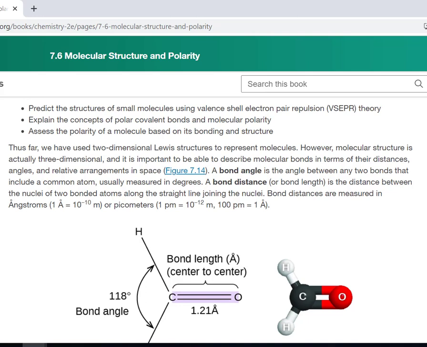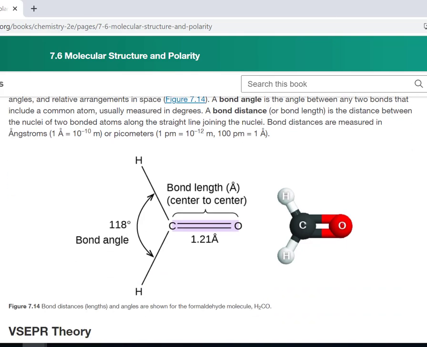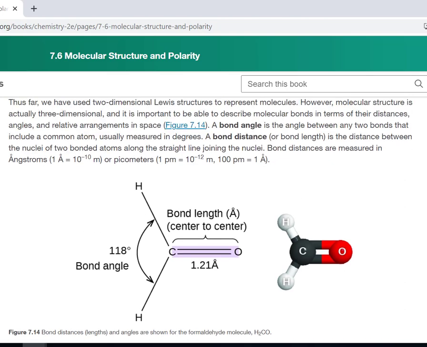But as it turns out, we can use Lewis structures to figure out the shapes of molecules. They're just not exactly the same thing. So in order to properly describe the shape of something, we need some information like bond angles and bond distances. So we're showing an example here.